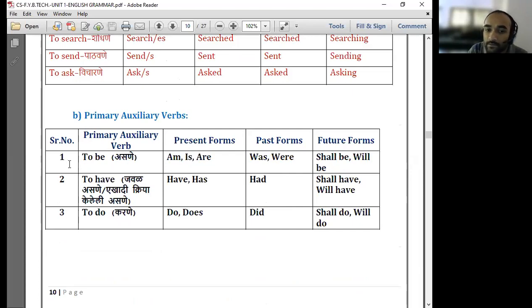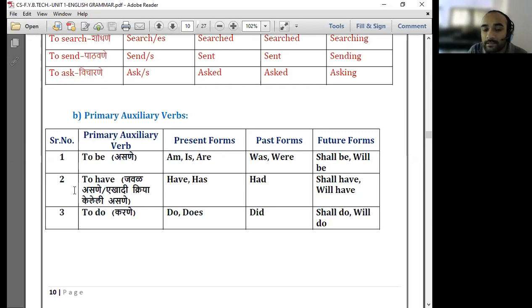Primary auxiliaries are of three types: to be, to do, and to have. To be types of primary auxiliaries are: in the present form we use am, is, are; in the past form we use was and were; and in the future forms we use shall be or will be. So these are the primary auxiliaries of to be type.